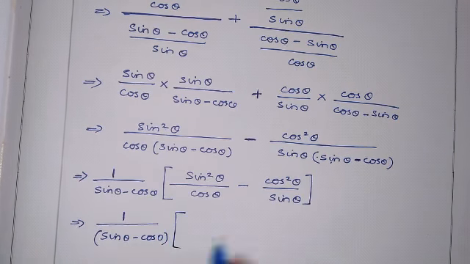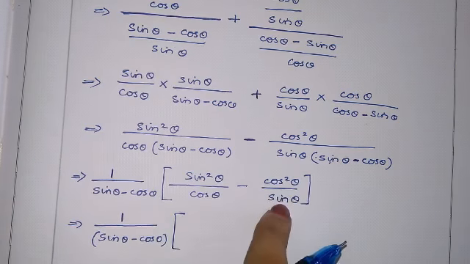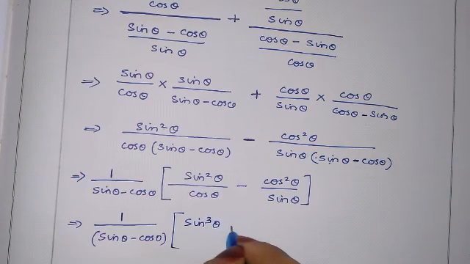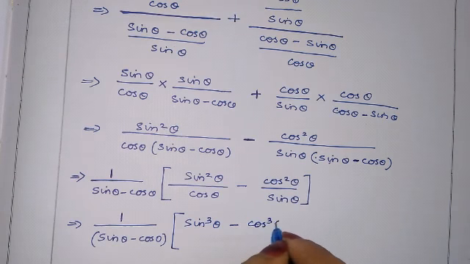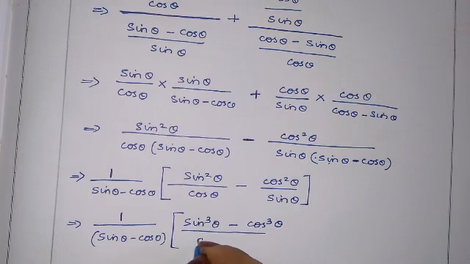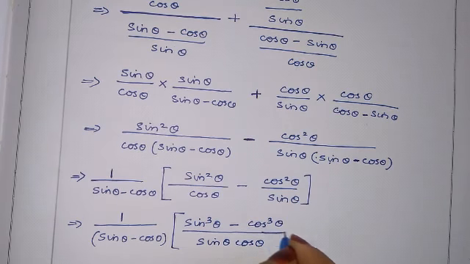Here let us see inside. Let us cross multiply: sin theta into sin square theta, sin cube theta, minus cos theta into cos square theta, cos cube theta, upon sin theta into cos theta as it is.